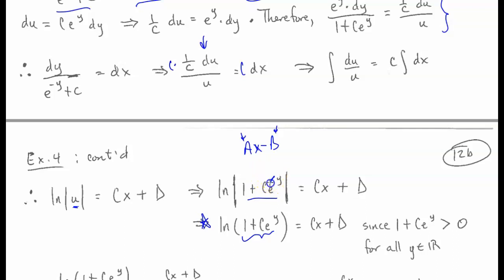But here, we know that e raised to the y must always be positive. We know 1 is always positive. And if this is going to work, then of course this constant here is also going to have to end up being positive as well. Okay. So for those reasons, that's why I say that we're forced to have this case here.